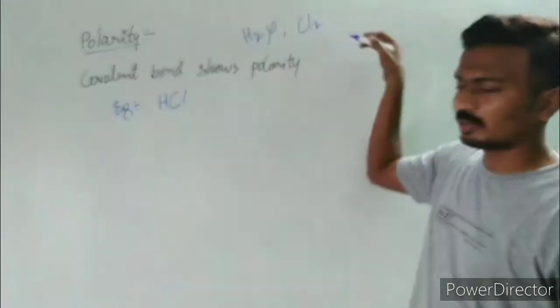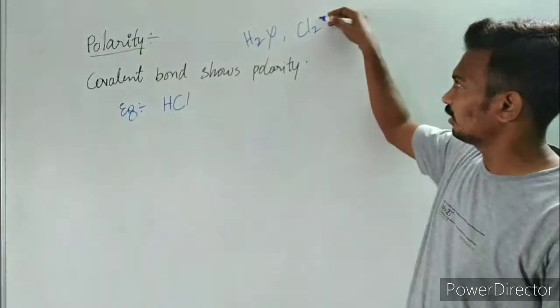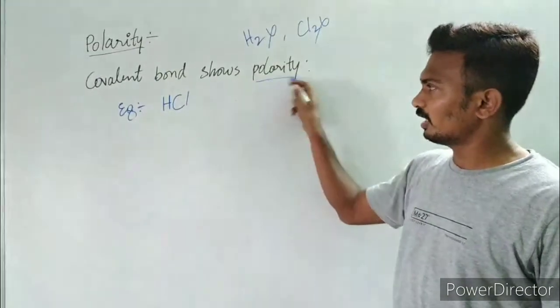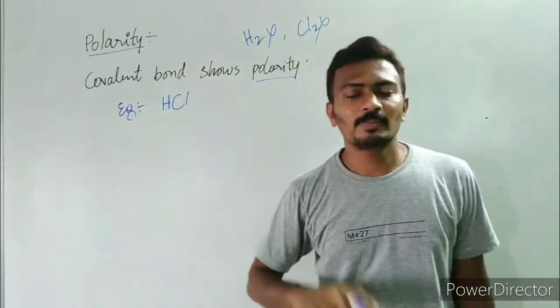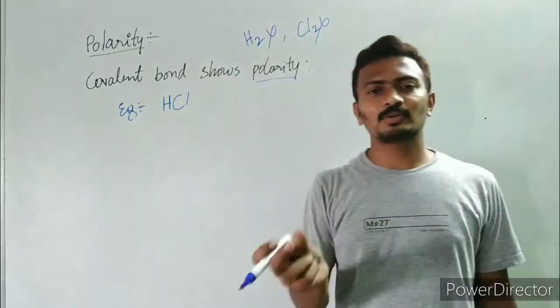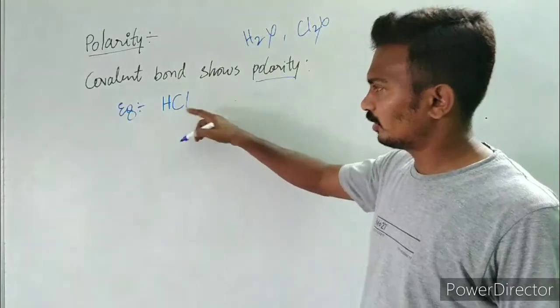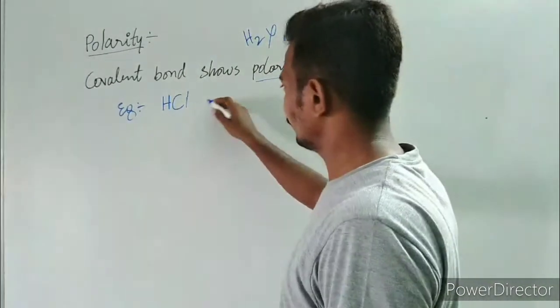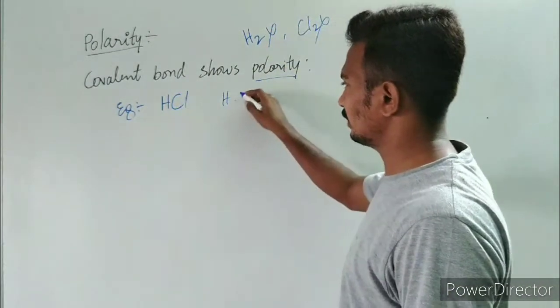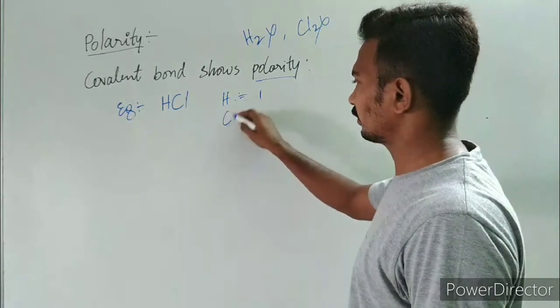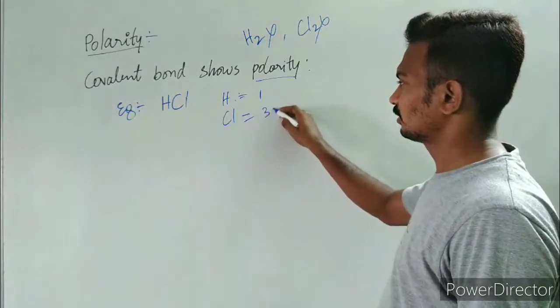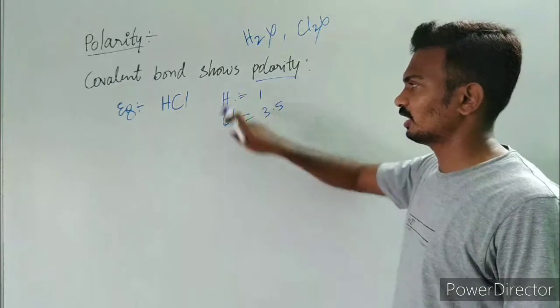And the chlorine molecule doesn't show any polarity either. If you take hydrogen and chlorine, hydrogen's electronegativity is 1 and chlorine's electronegativity is 3.5. There is a large difference in electronegativity.